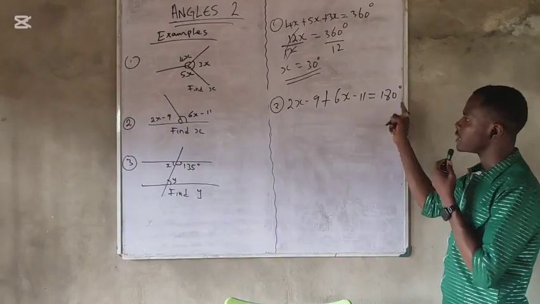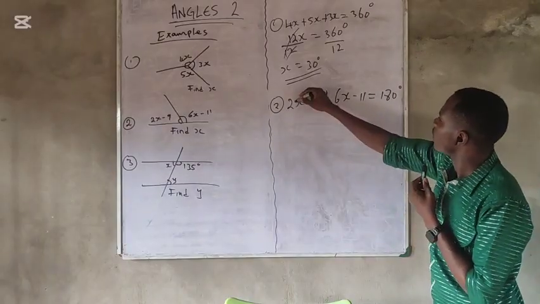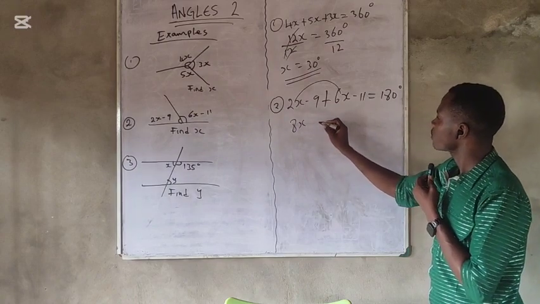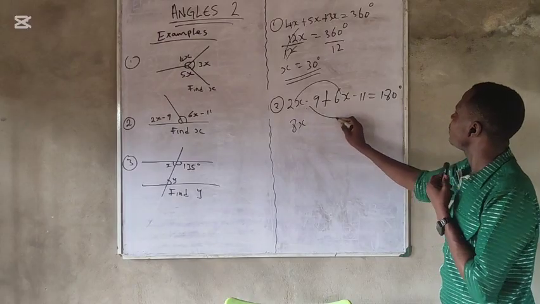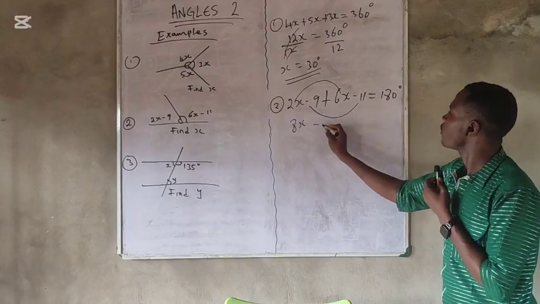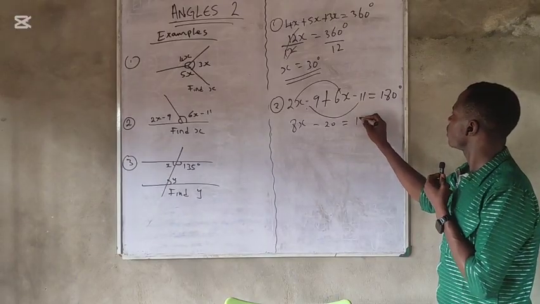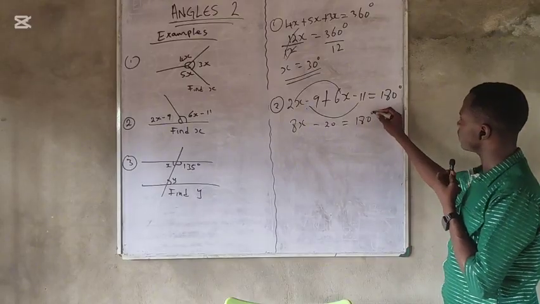So let's add together. 2x plus 6x is 8x. Minus 9 minus 11 should be giving us minus 20, equal to 180 degrees.